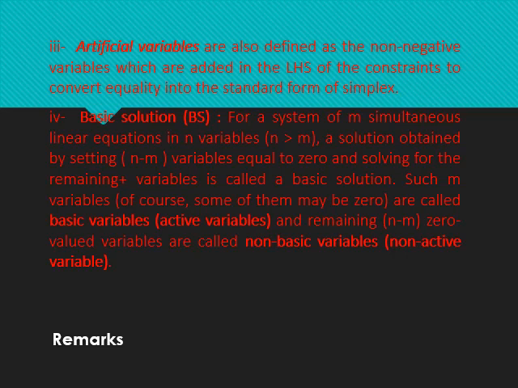So for a system of m simultaneous linear equations in n variables, given n more than m, a solution obtained by setting n minus m variables equal to 0 and solving for the remaining m variables is called a basic solution. This is a basic solution.